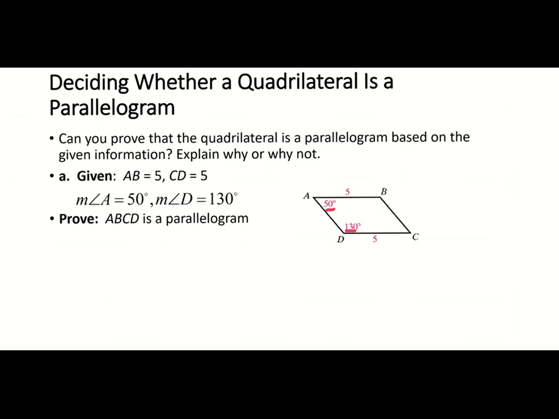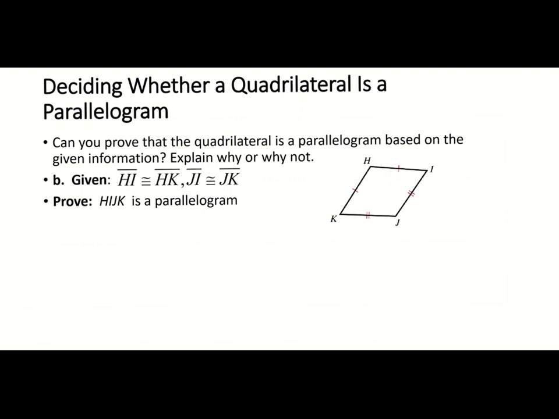So we have a pair of consecutive angles that are supplementary. We also know that AB and DC are congruent to each other. So because we know this supplementary pair here, we can say that this quadrilateral is a parallelogram because the consecutive angles are supplementary.